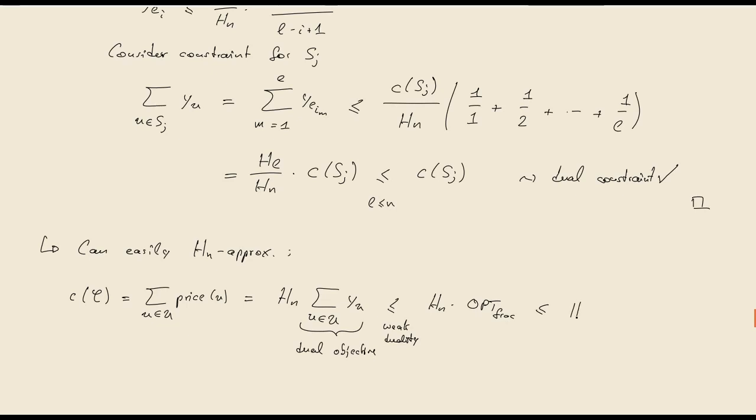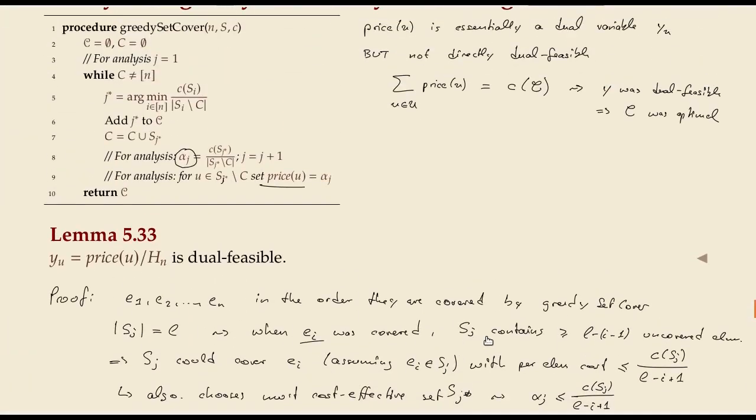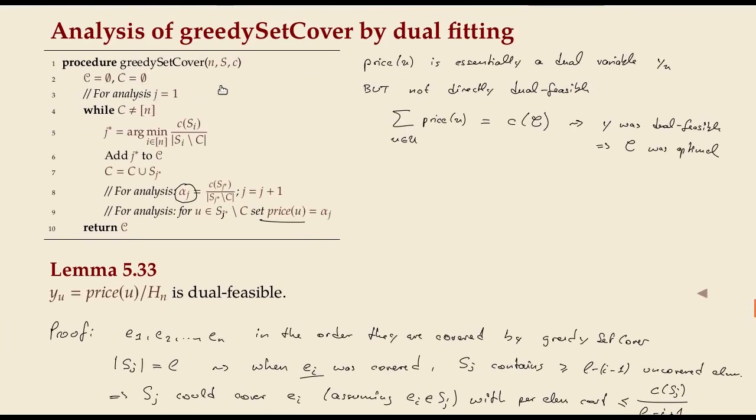And that's certainly a lower bound for opt, because it just restricts the feasibility region a bit more. So by that we can prove that our good old greedy algorithm is an Hn approximation, which we already knew, but we gained a bit more insight into why exactly this was a good choice.